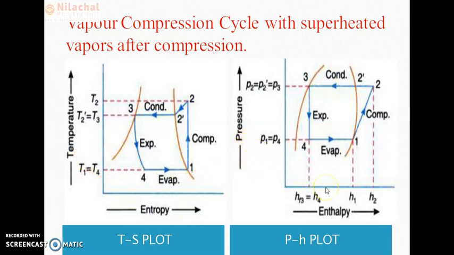Here, the major components you are using are the evaporator, compressor, condenser and the expansion device.